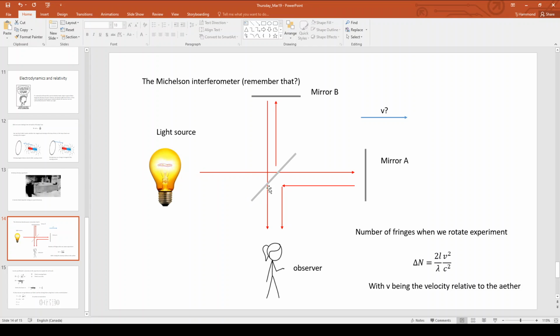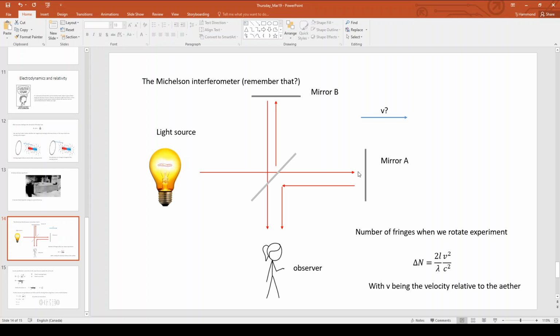It has this partially reflecting mirror, bounces off of this mirror here and comes in to your observer. And then there's a second arm where it goes to this mirror and bounces back and comes to this observer. Because these will have some relative phase difference, you'll get an interference here. There will of course be light going back to the light source, but we don't observe that, so we don't care.